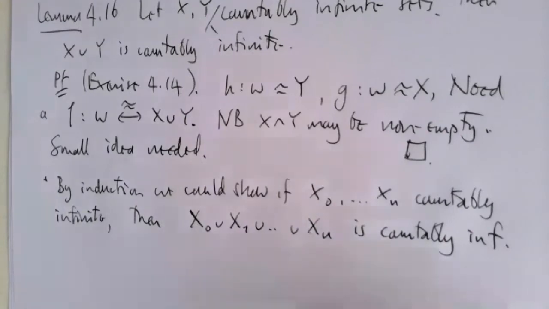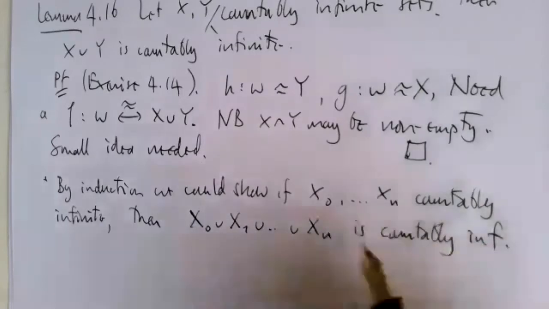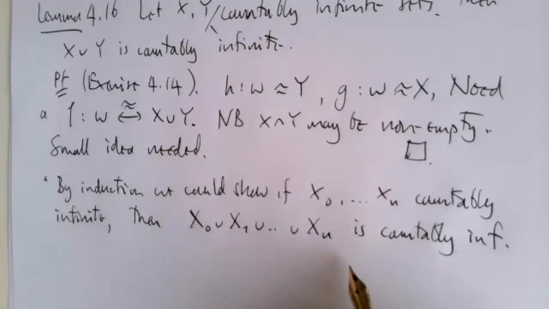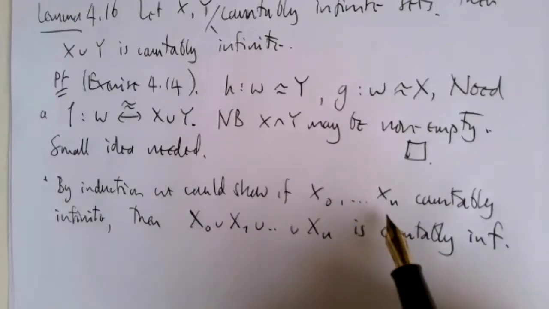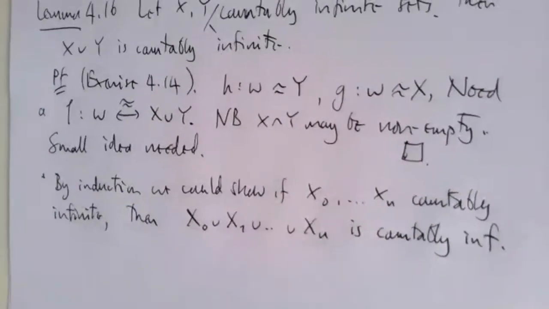And the next question that arises is, suppose I've got countably infinitely many sets, is the union then countably infinite? For every n, I've got xn, which is countably infinite. Then I put the union together. I'd like that to be countably infinite as well. So we'll see under what conditions that's true.